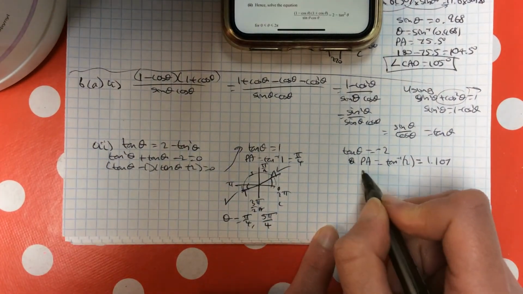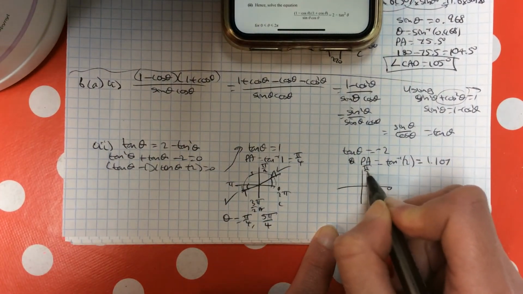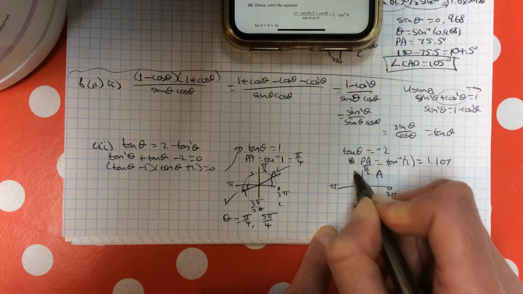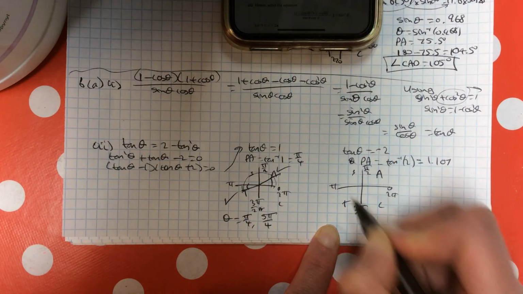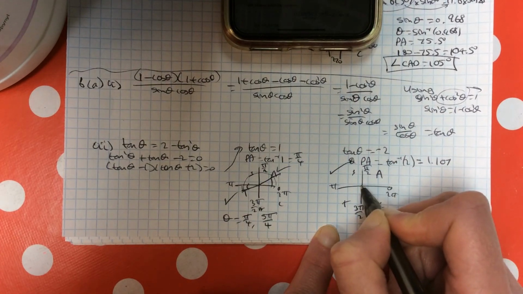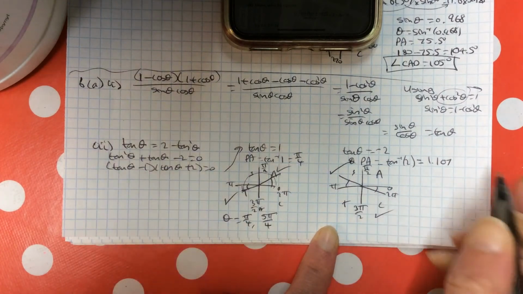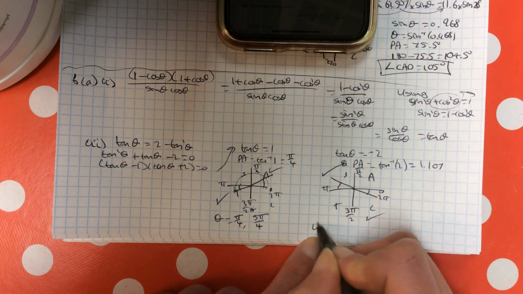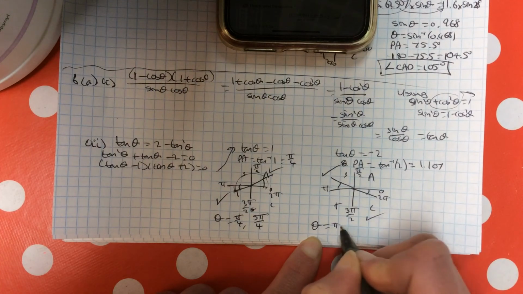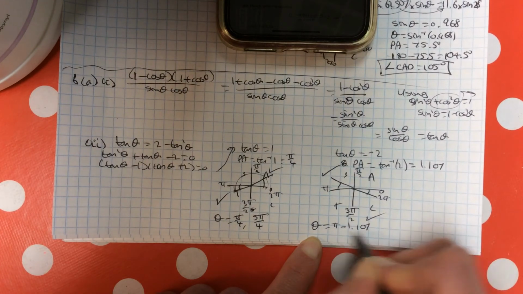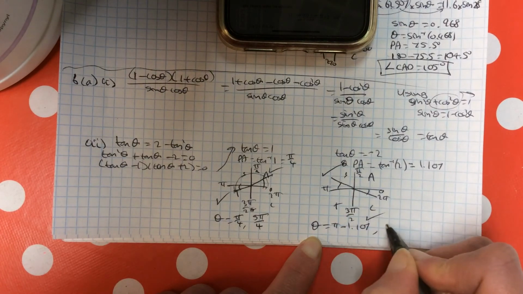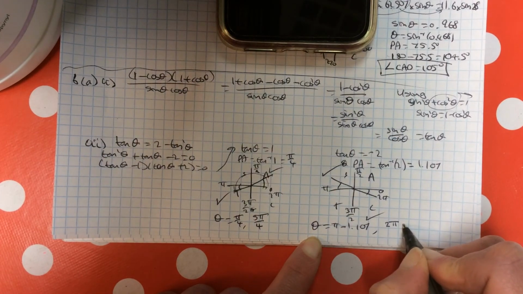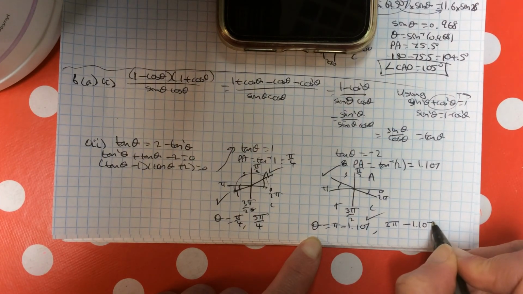And on this side, again, it's the same CAST diagram, between 0 and 2 pi, C-A-S-T. This time tan is negative. So it's this one or this one. And remember, your principal angle always goes from the horizontal. So your two answers on this side are theta equals pi minus 1.107, and the other one is 2 pi minus 1.107.